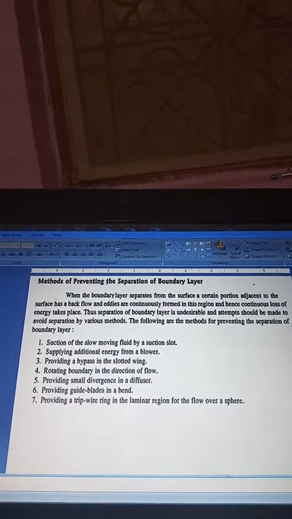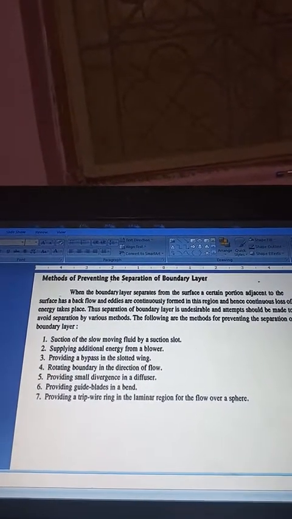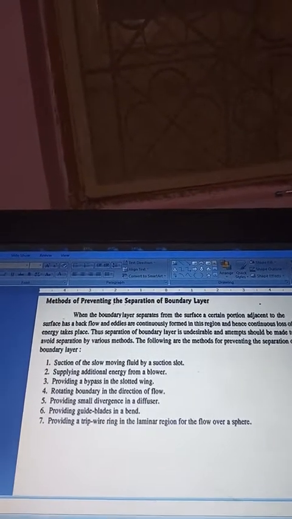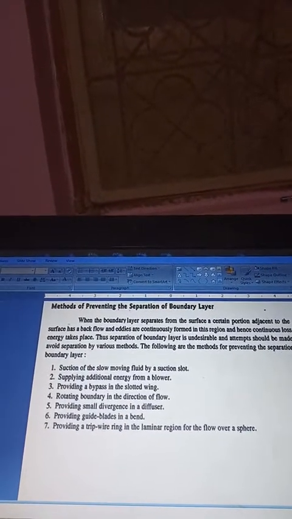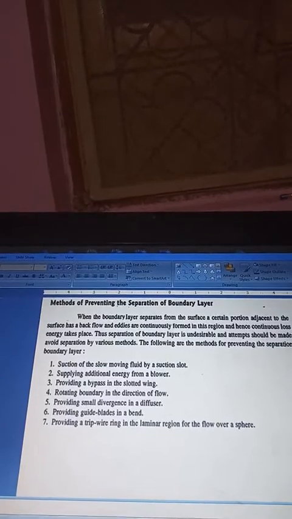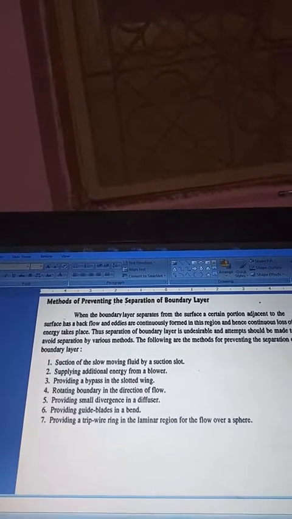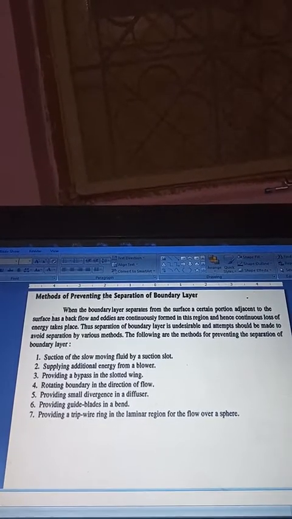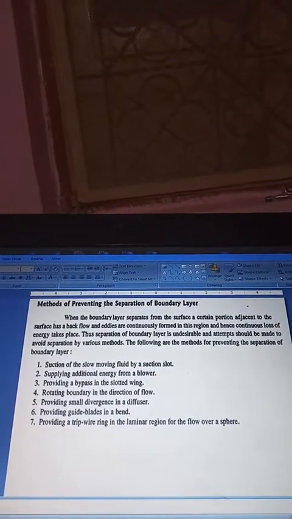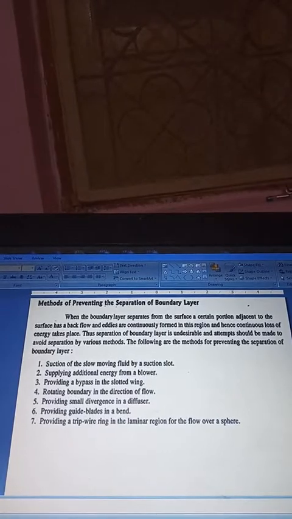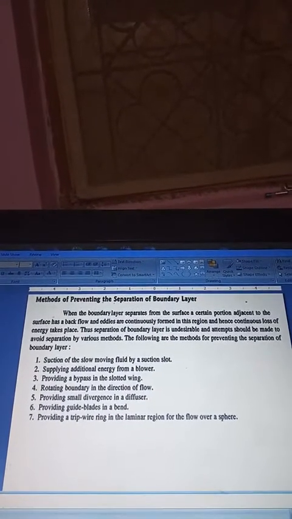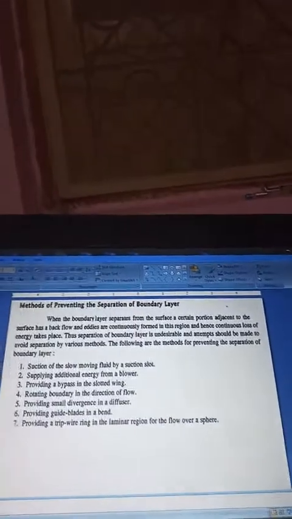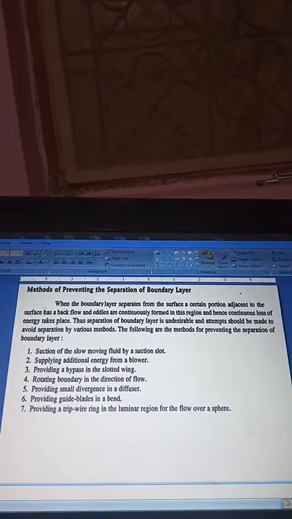Just provide some smooth or guiding surface to that solid surface, so that it guides the flow along that zone. Guide blades are also used in some surfaces like a bend or elbow. The sharp edges detach the boundary layer, so you have to use smooth or curved guiding blades.